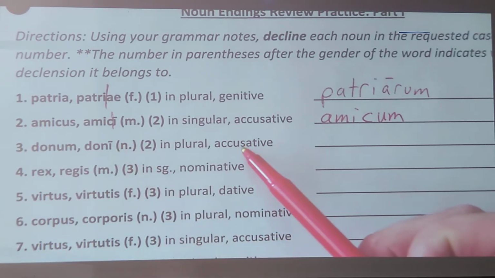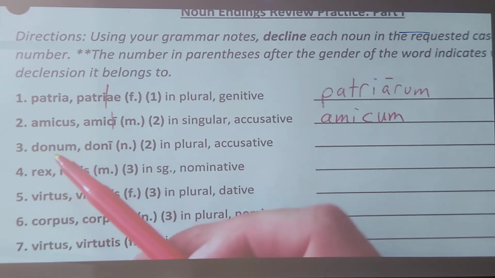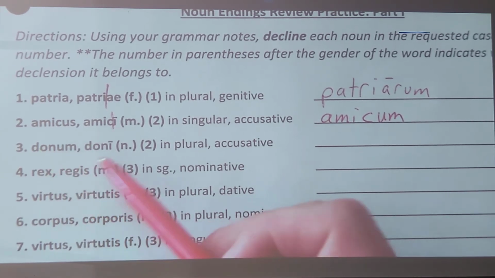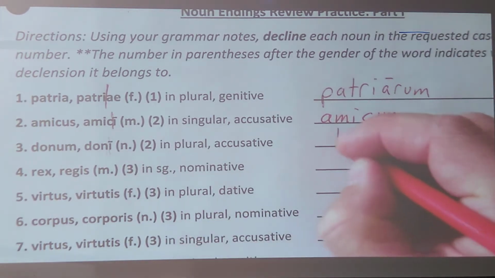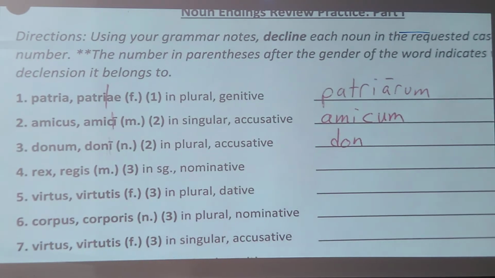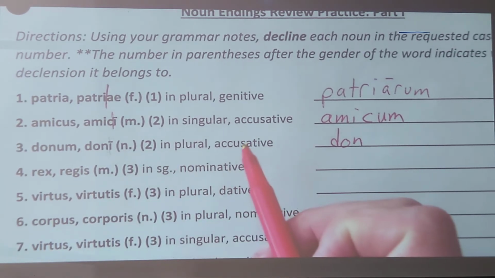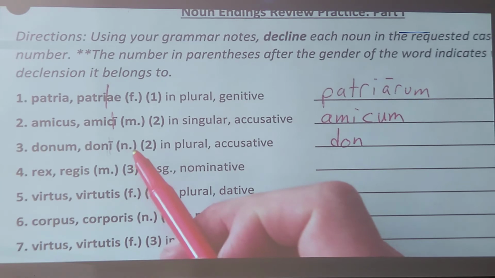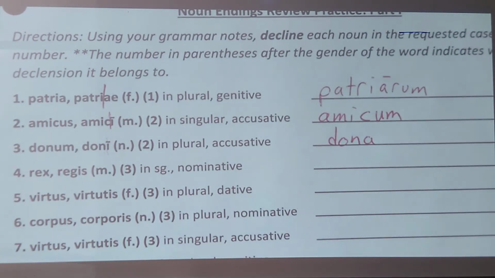For every noun in the Latin language, when you decline it, you go to the genitive singular, chop off the genitive singular ending, you write out your base, and then you add the requested ending, which is accusative plural. For a neuter noun in the second declension, that will be dona. Okay?